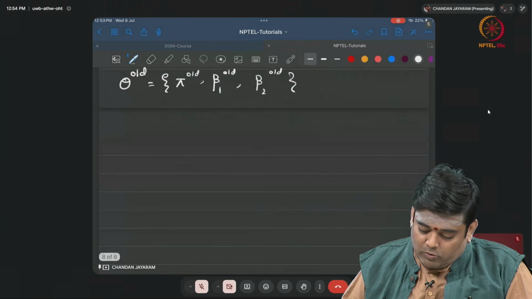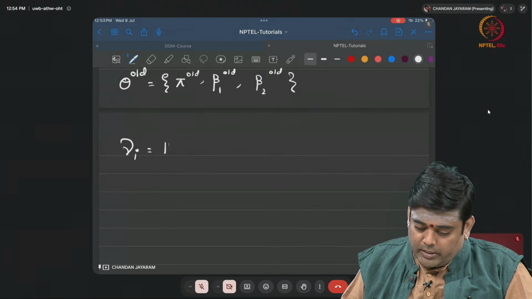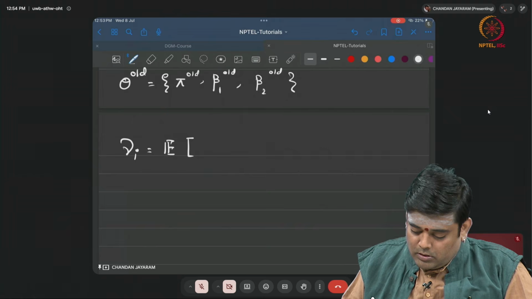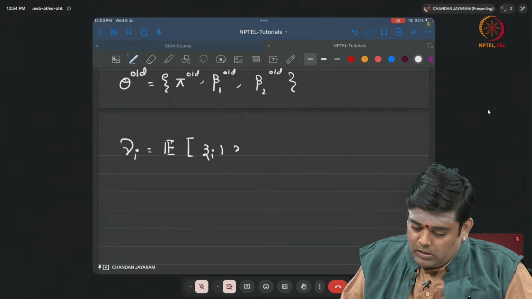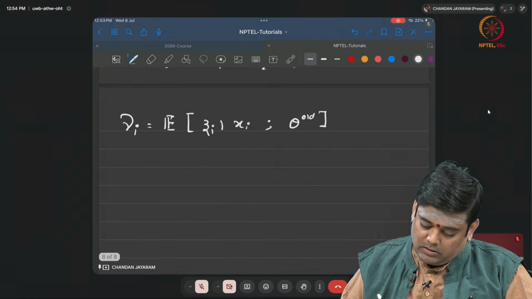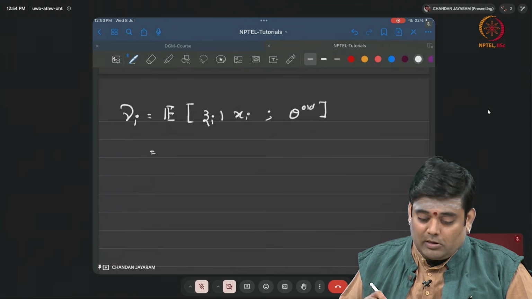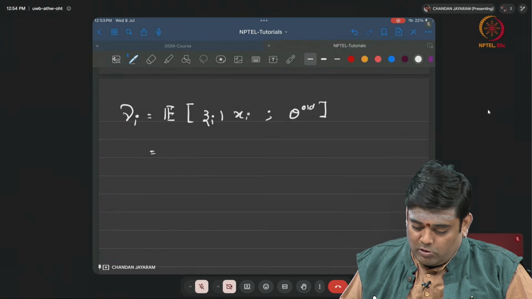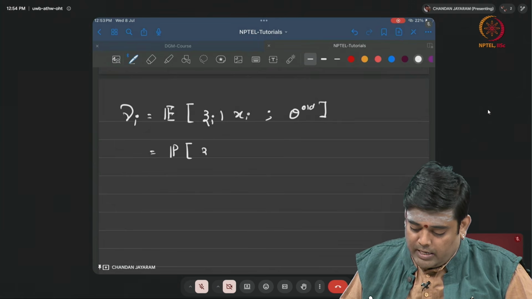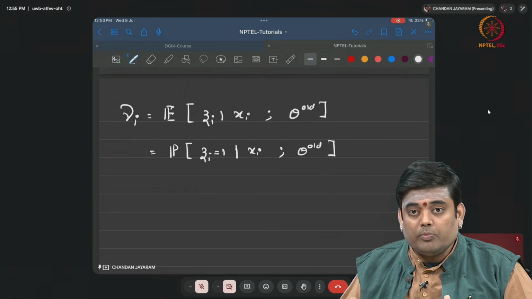Okay. So now what is this mixing coefficient? This is the expected value of Zi given Xi parameterized by theta old. Now do we know this expected value? Yes. This will be the probability of Zi equal to 1 given Xi parameterized by theta old. And can we compute this value?